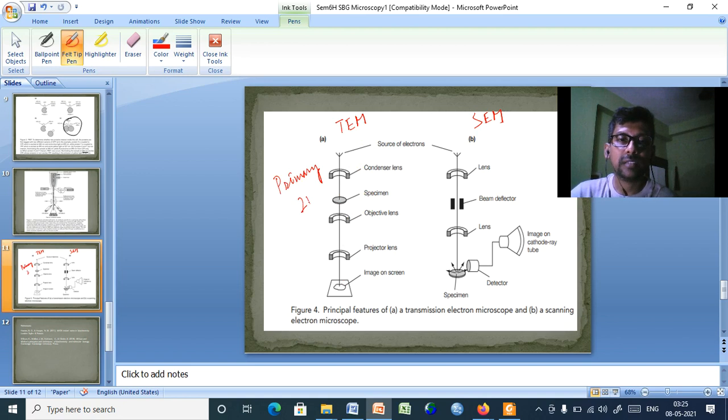In TEM the image is 2D in nature, and in SEM the secondary electron beam forms the image, and they form a three-dimensional image. Initially, in both cases, electromagnetic lenses create the image. We can increase the magnification by increasing the intensity of the electron flow.